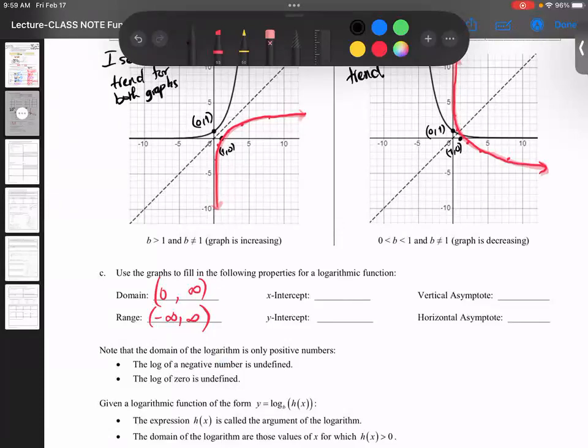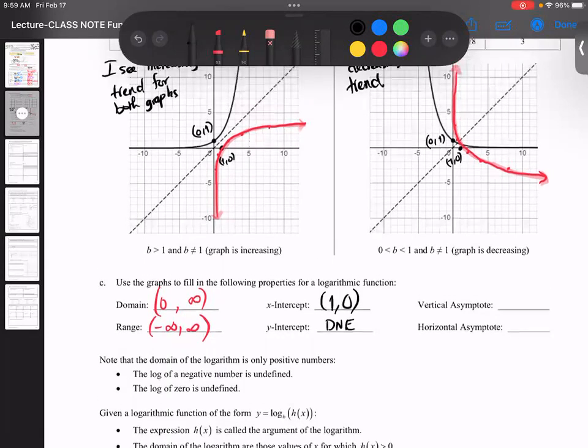Do we have an x-intercept for both graphs? Yes, right? 1, 0. Is there a y-intercept? No, at least not in this graph. Later you're going to see they transform and you're going to see they cut, but for the basic graph, there's no y-intercept.